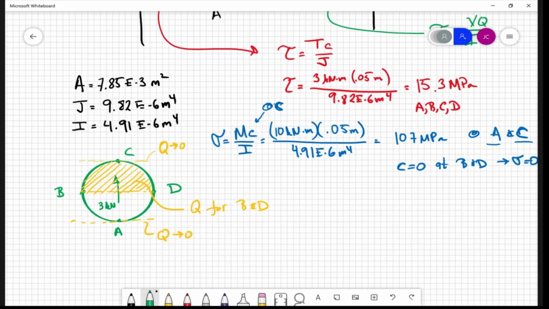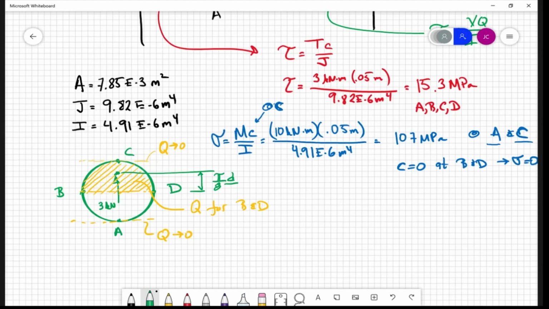And so it's a little hard to remember, but the centroid of a half circle, this distance here, is going to be pi over 8 diameter. Wait, what is it again?